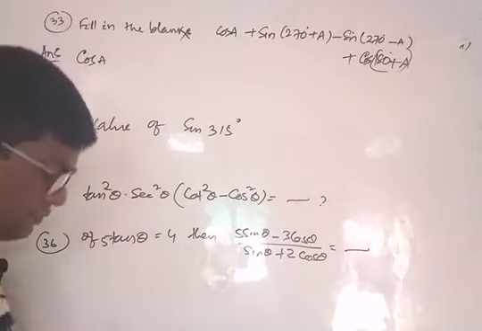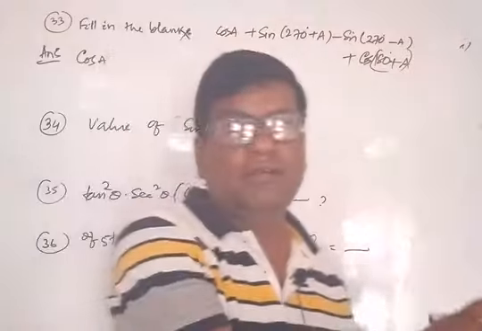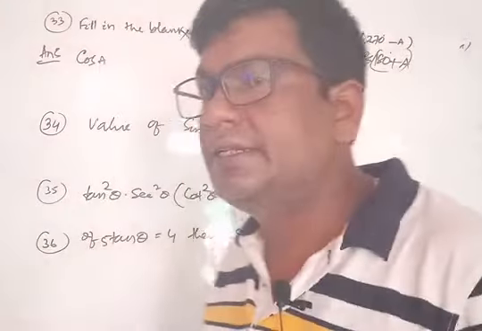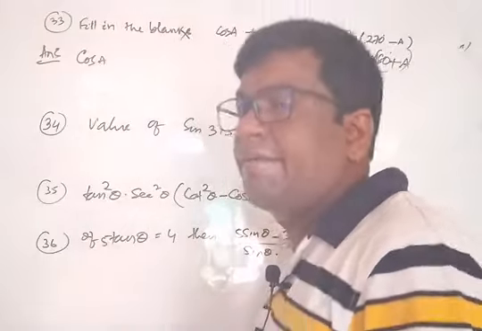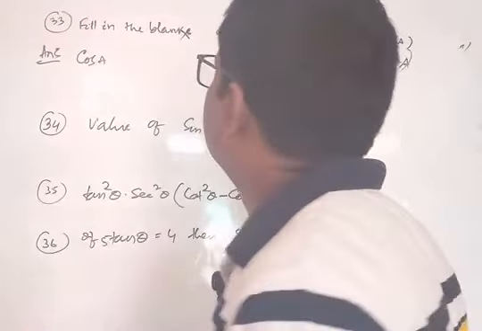Sin 270 plus A lies in which quadrant? It lies in the fourth quadrant.